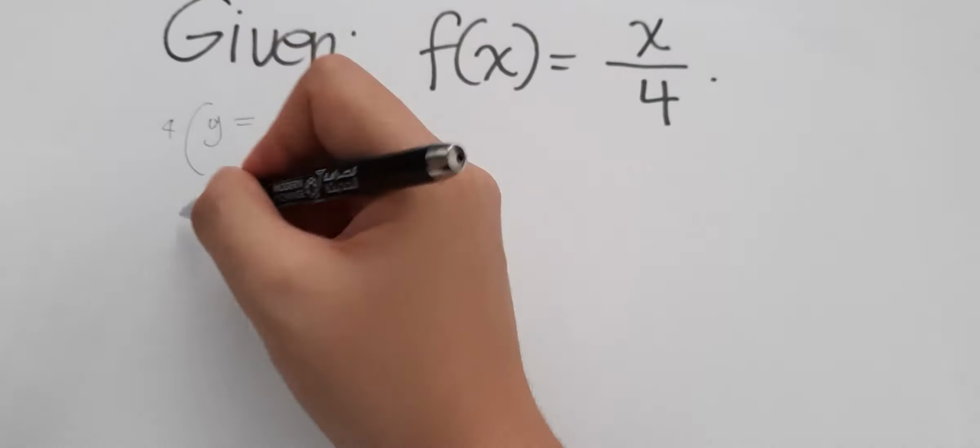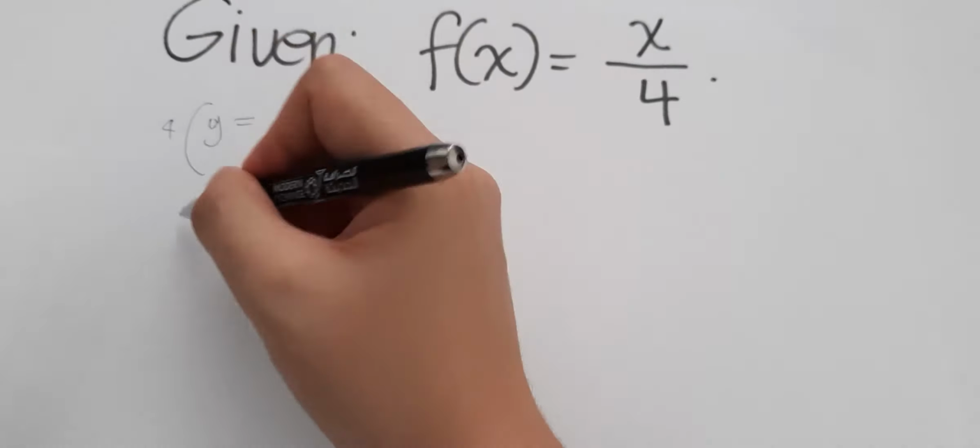Or x is equal to 4y. Next step, you interchange: x becomes y and y becomes x. So this is now the resulting inverse function, or rewritten as f inverse of x is equal to 4x.